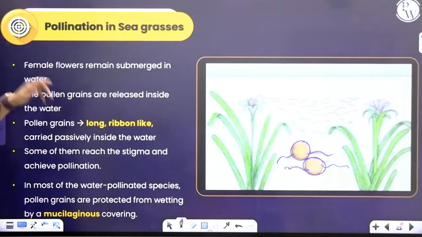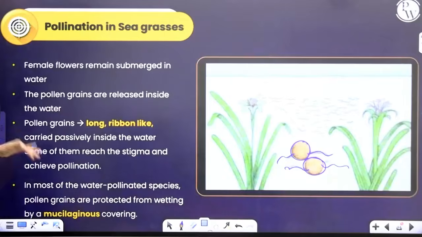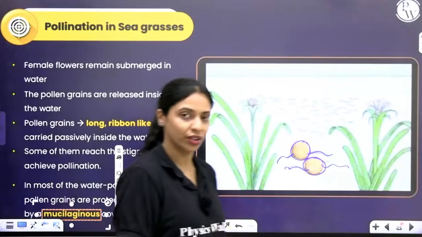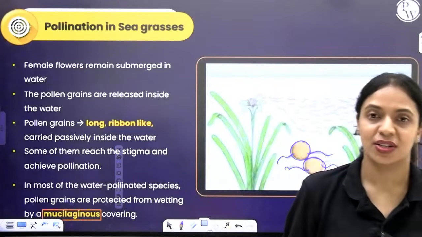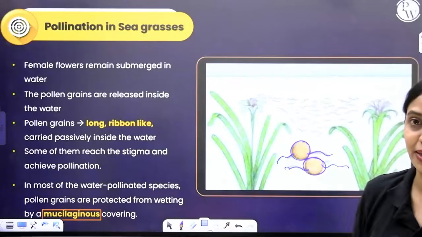Pollen grains are also released inside the water only, they are not going to the surface. If a pollen grain reaches the stigma, then it will achieve pollination. In most of these plants which undergo pollination by water, the pollen grains have a mucilaginous covering that will prevent them from getting wet.